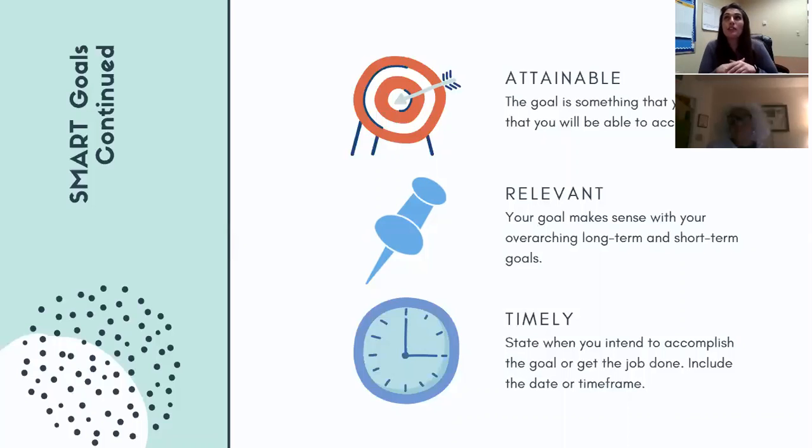Last, your goal does need to be timely. And this means that you need to state when you intend to accomplish that goal or get the job done. You should be pretty specific here, and I'm talking about determining the actual day or time frame that you hope to accomplish that goal. If you don't give yourself a timeline, then that allows you too much flexibility.